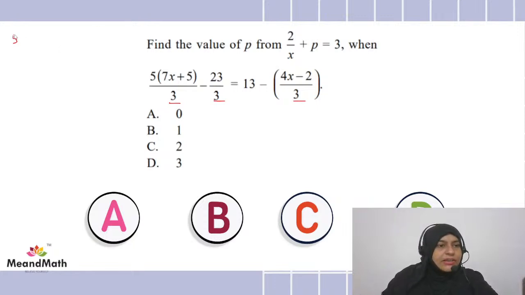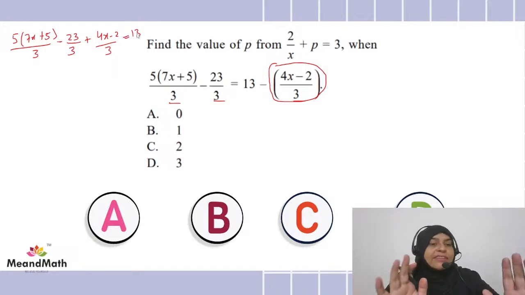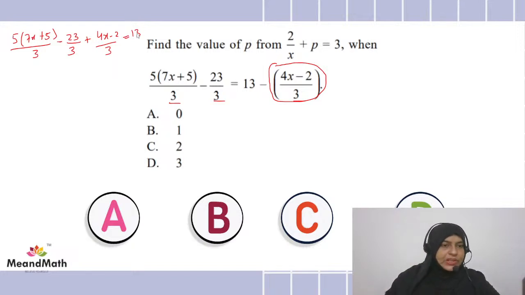So it is 5 times 7x plus 5 divided by 3 minus 23 by 3. Now we can take this expression on the left hand side, so it becomes plus 4x minus 2 divided by 3, which is equal to 13. Now we need to solve this equation and find the value of x. Try to solve it with me, all of you.